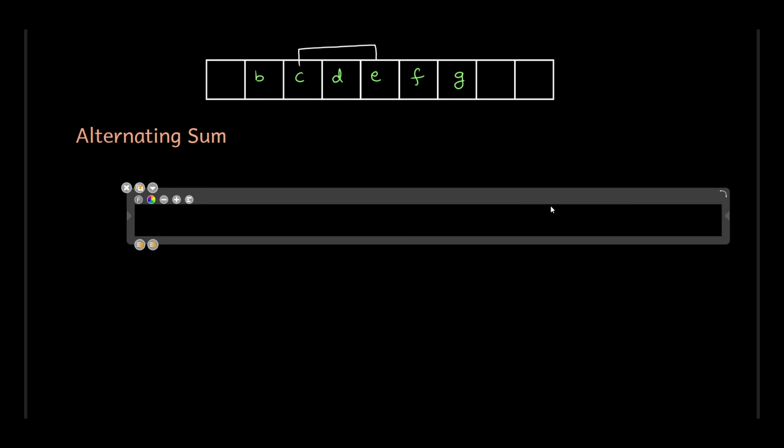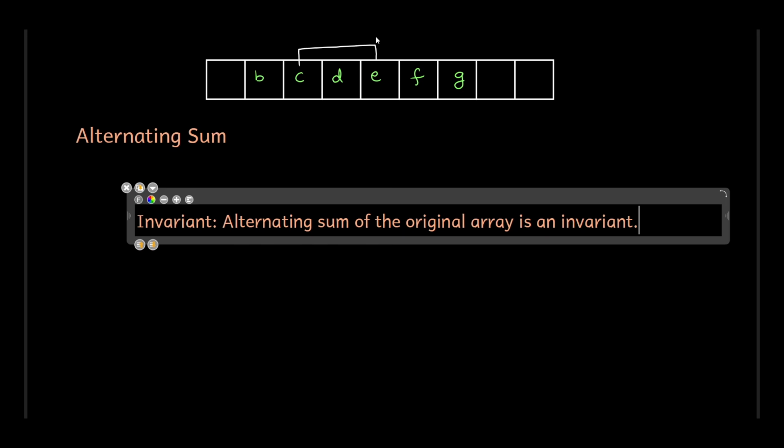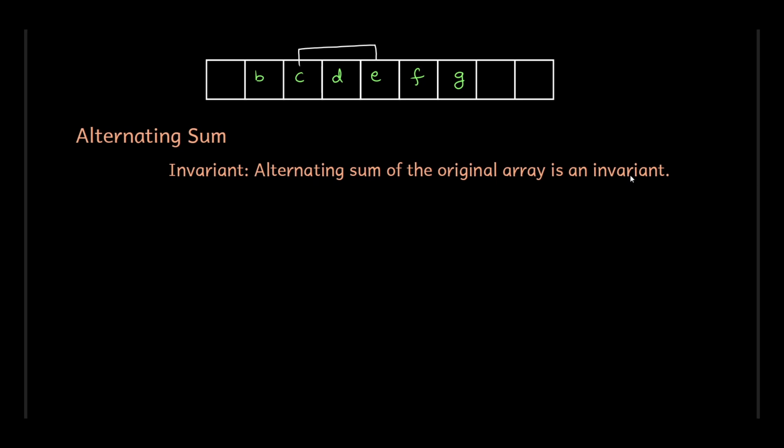So we have concluded that the alternating sum of the original array is an invariant. So what does this tell us? This means that after doing the operation, remember that we were only interested in odd length. Why? Because the even lengths are trivial. You can always bring them down to 2.